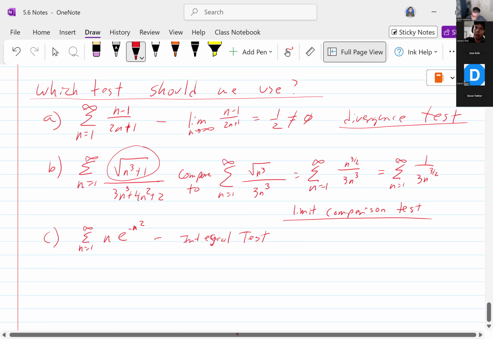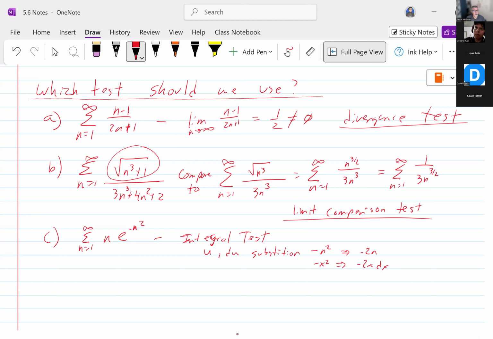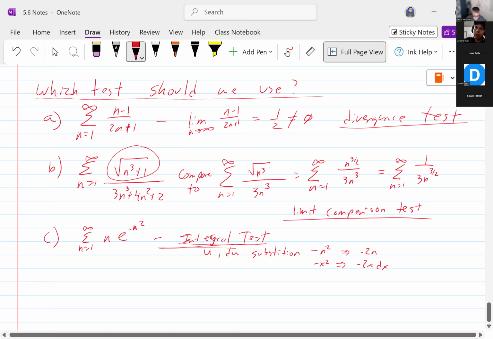That's the easiest to do here because I can get an easy u-du substitution. Negative n squared becomes negative 2n, or negative x squared becomes negative 2x dx, okay? And so I can get an easy u substitution. We can show this integral converges, and therefore the original series converges. So integral test on that one.